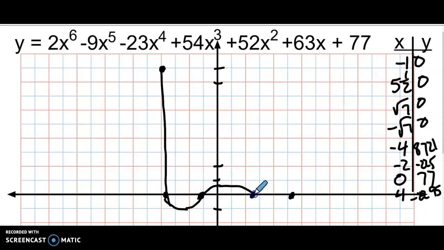Okay, and then I'll put 4 in. I got -200 something. It's a 6th degree, so I'm thinking it goes up both ways. All right, that's my graph.